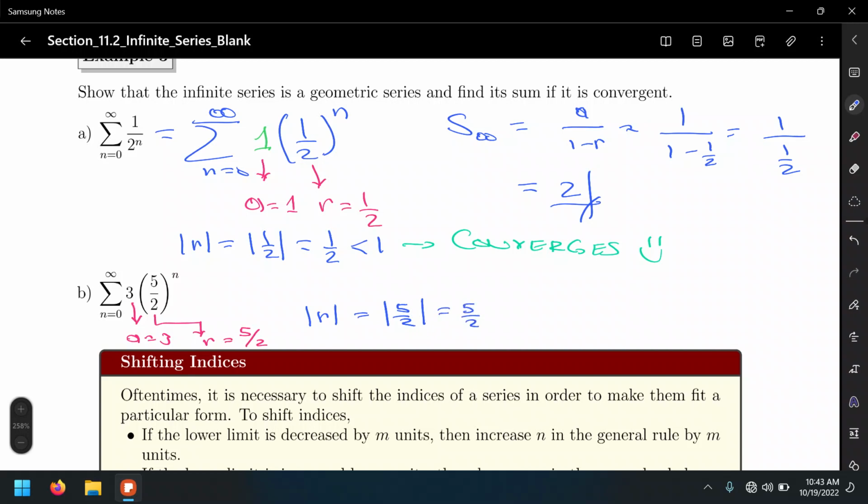Is that number less than 1 or greater than or equal to 1? It's greater than or equal to 1, which means the series diverges. In this case we're done with the series. The fact that the series diverges tells us the infinite sum blows up to infinity. So we're done with this one.